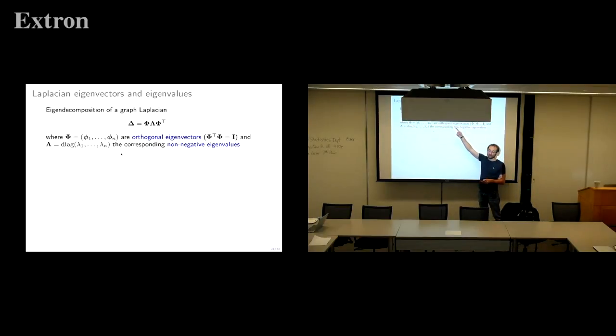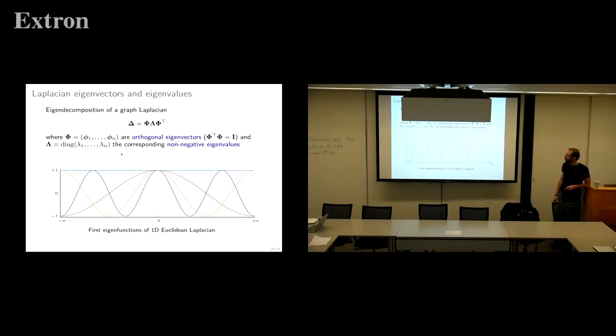The Laplacian in this case for an undirected graph is a symmetric matrix. So it has this decomposition: you can write it as a product of an orthogonal matrix and its transpose, and in the middle a diagonal matrix containing the corresponding eigenvalues, which also happen to be non-negative, so it's a positive semi-definite matrix.